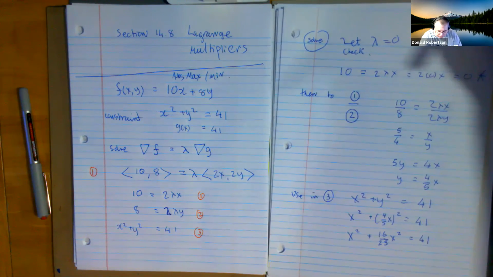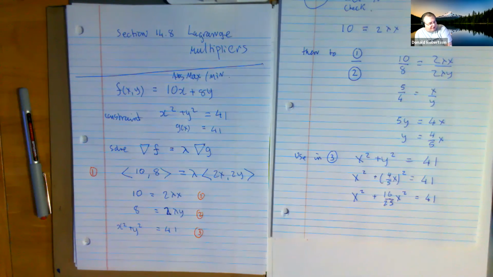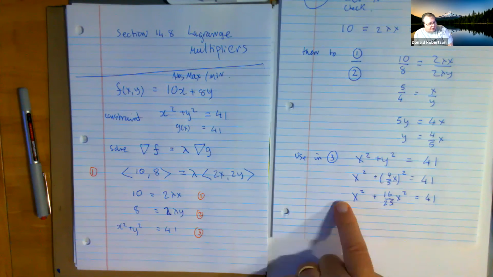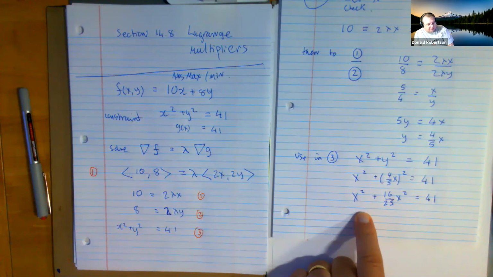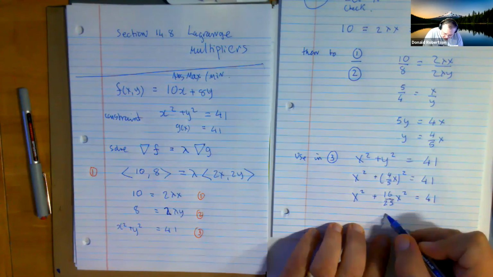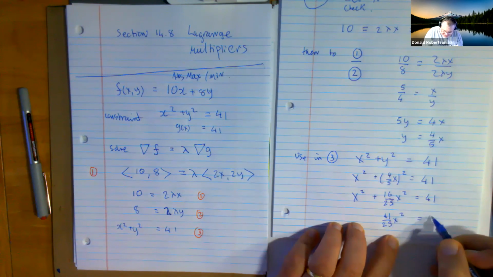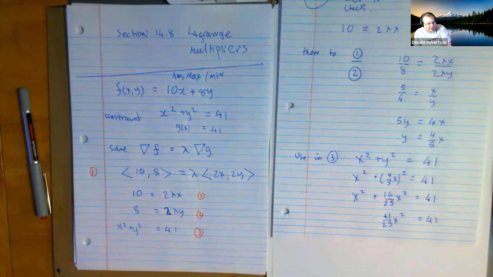Have you seen, slowly but surely, aren't we getting to a place where we can actually get a number? Isn't this an equation in only one variable now? Now, if you add this and this together, that's why you choose questions from the book. Do you see that that is what you've got?